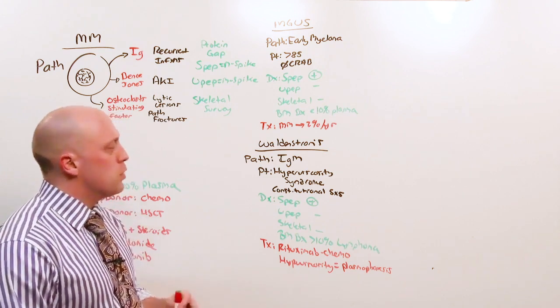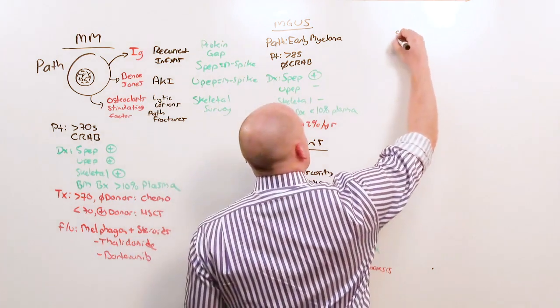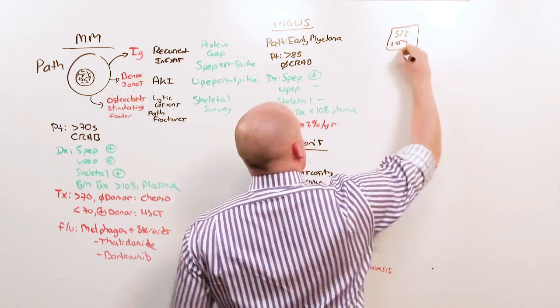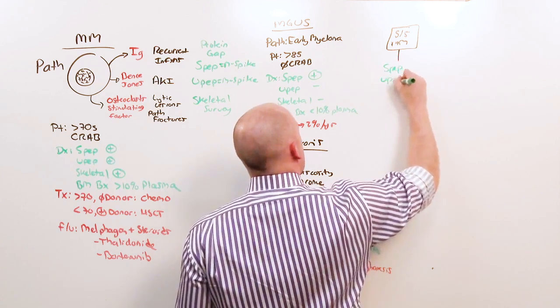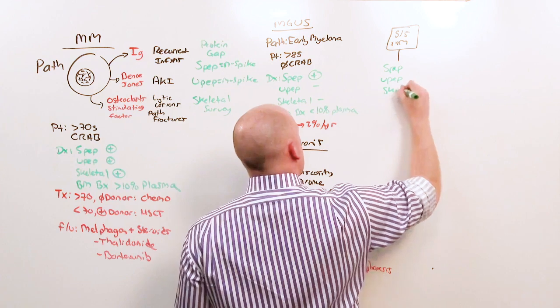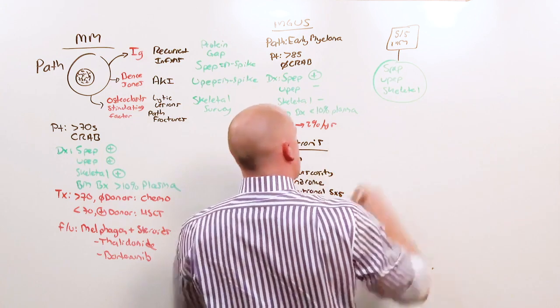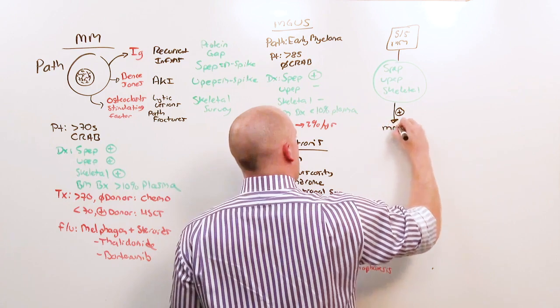So you're going to have to do two things. You are going to either see the person who has full-on signs and symptoms of multiple myeloma. They've got CRAB. And you know what to do. SPEP, UPEP, skeletal survey. And this is going to confirm your suspicion because they have symptoms that this is indeed multiple myeloma.